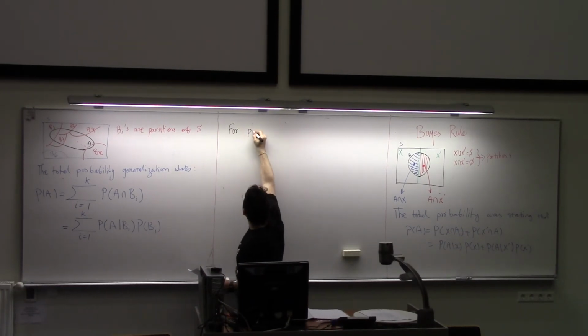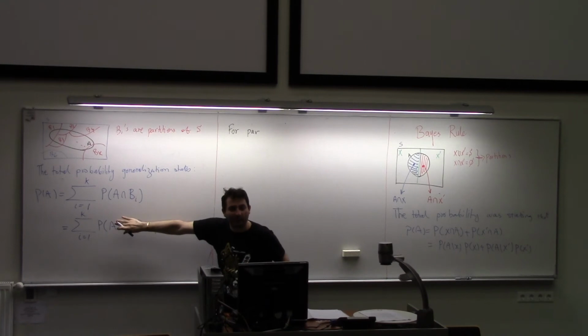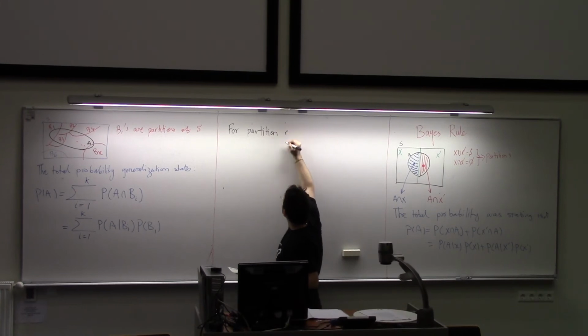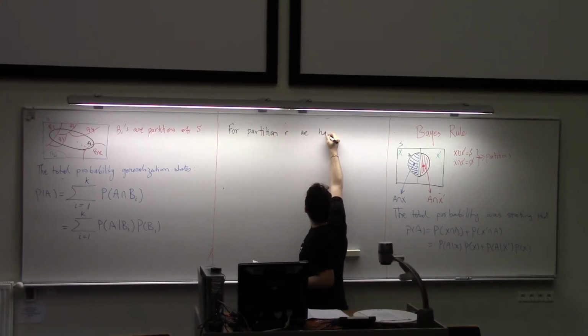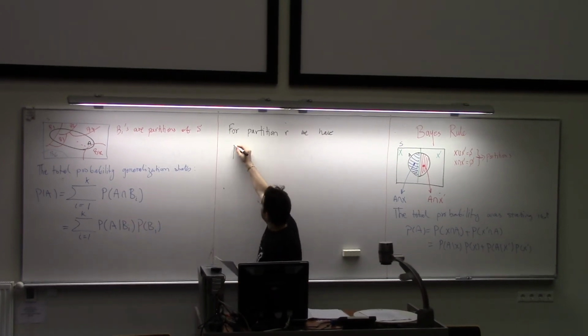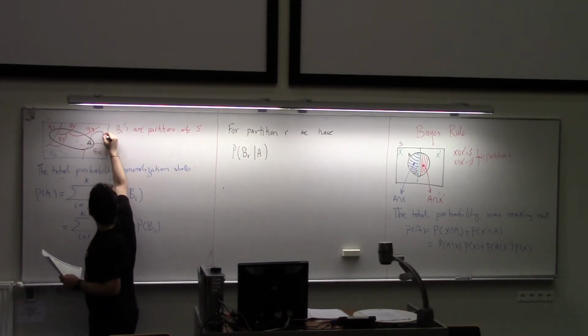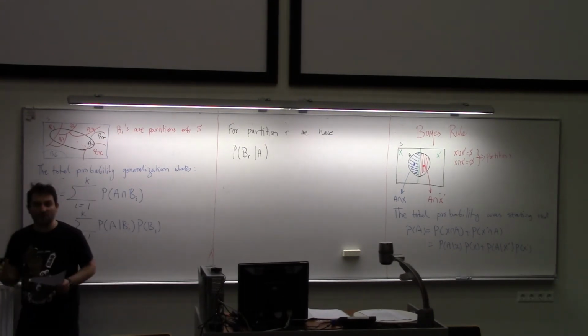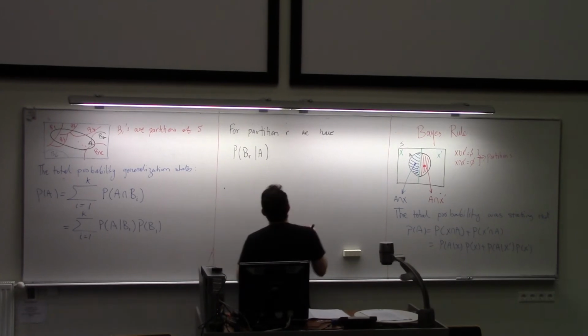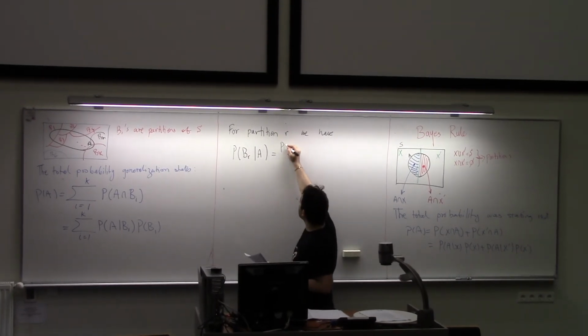Keep this one in here for a minute, and let's say for partition R, we have the probability of BR given A. In other words, I have this partition, we want to see the probability of BR given A. So what's the formula for this?